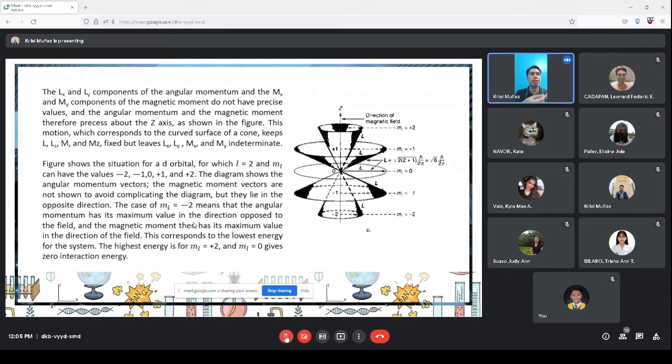So meron silang direction. Pero pares sila ng magnitude. Yes. Kasi ang magnitude ng magnetic moment, tulad ng sinabi ko kanina, at ang magnitude ng angular momentum ay govern ng L. Ang M sub L ang nag-govern ng orientation nila. So, ibig sabihin, parehas lang sila ng treatment, parehas lang sila ng operator, magkaiba lang sila ng direction. Got it?